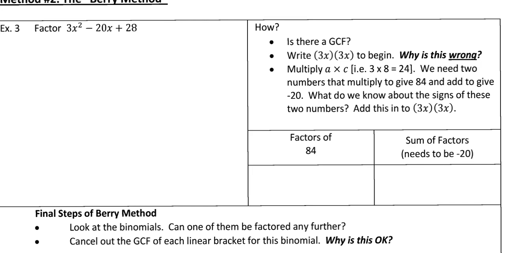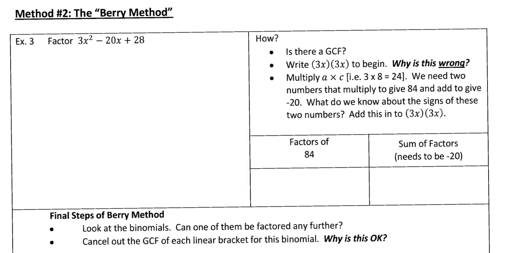All right, so now we're going to try this problem called the Berry method, okay? So this is example 3 from the work that we had done before. Now, here is what we're going to do. We're going to follow the same pattern that we did before, where we look to see if the front and the back terms multiplied to something, but then added to the other thing.